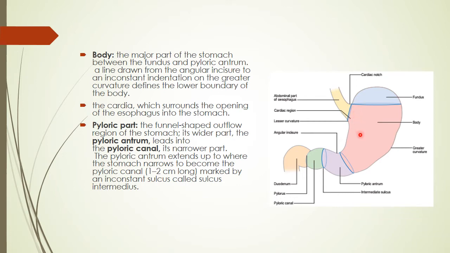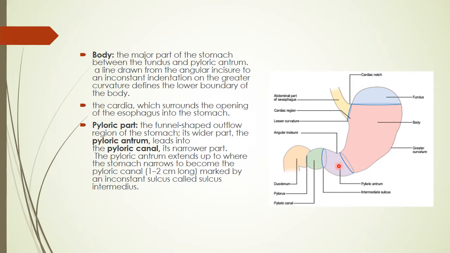The next is pyloric part, which is funnel shaped outflow region of the stomach. The pyloric part is further divided into two parts. The wider part is called pyloric antrum, while the tubular part is called pyloric canal. The pyloric antrum extends up to where the stomach narrows and becomes tubular and called pyloric canal.